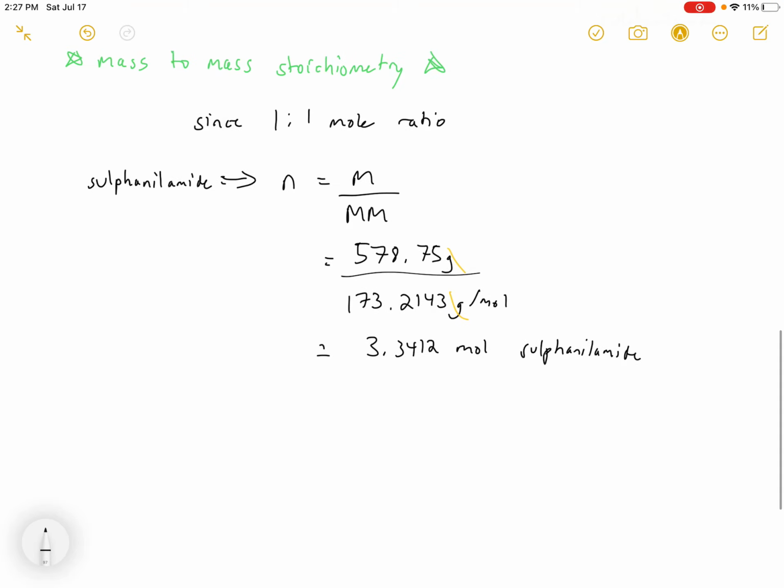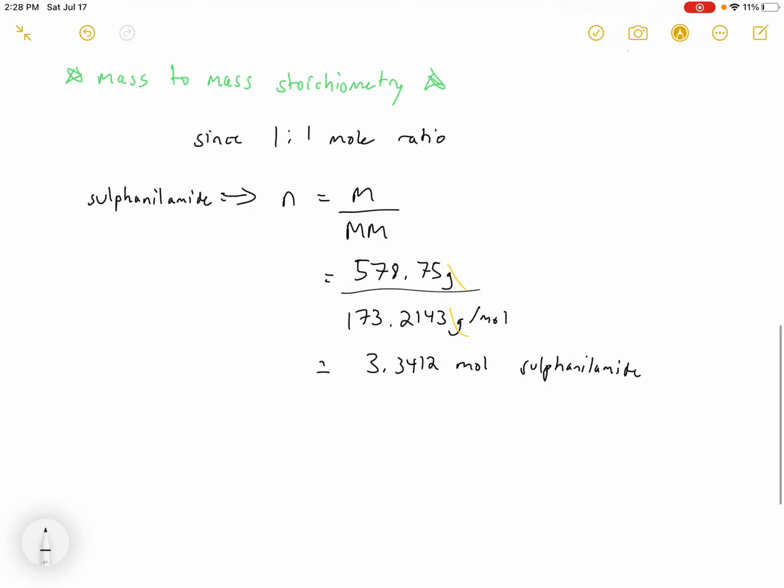All right, so now we have the moles of sulfanilamide, and we remember we don't need to do the recipe way. We don't need to set up a conversion factor or an equivalent multiplier to do the stoichiometry because we were told there's a 1-to-1 ratio.